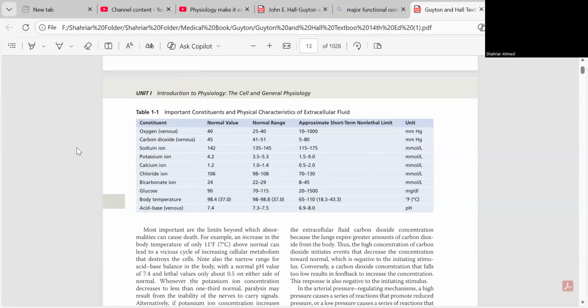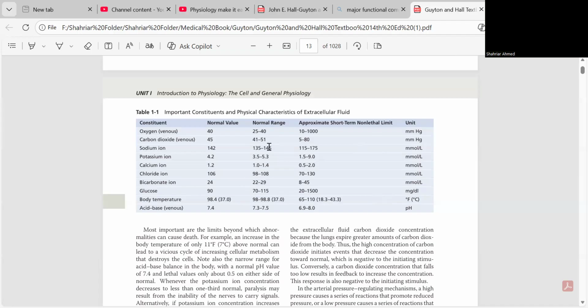Remember, millimole per liter. But oxygen 25 to 40 millimeter of mercury. Carbon dioxide 41 to 51 millimeter of mercury. Bicarbonate 22 to 29 millimole per liter. Glucose 70 to 115 milligram per deciliter.